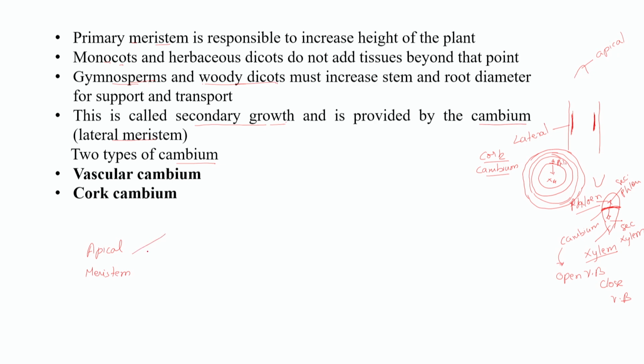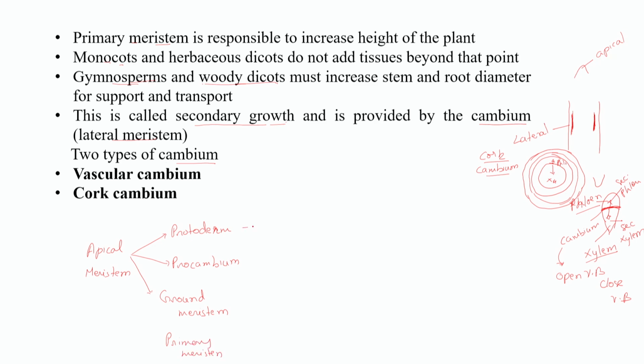Apical meristem was actually divided into 3 primary meristems, which we have talked about several times: protoderm, then procambium, then ground meristem. Okay. So, these are all primary meristems.